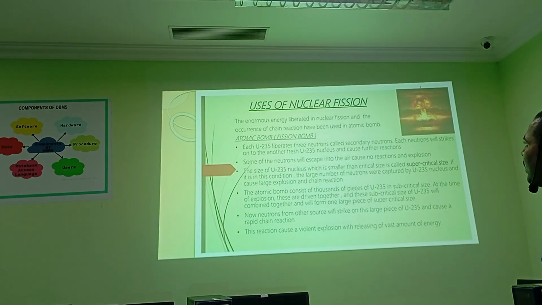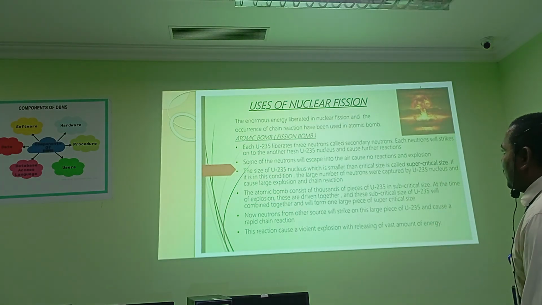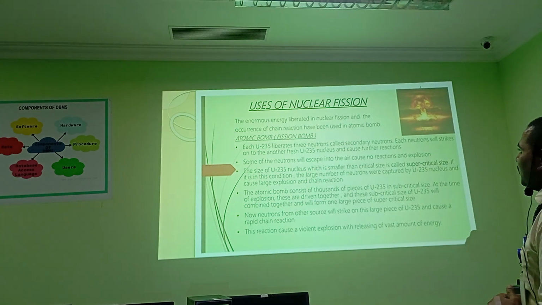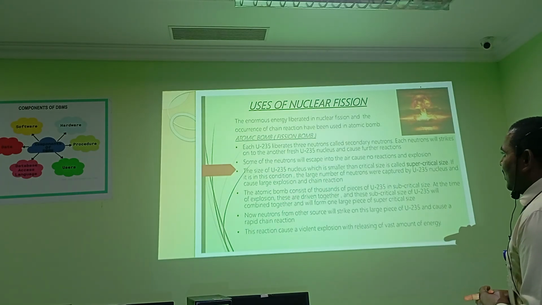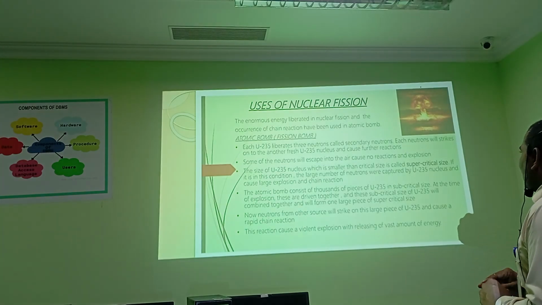The uses of nuclear fission include the atomic bomb, the fission bomb. Uranium-235 liberates secondary neutrons from the nucleus. These neutrons strike other fresh uranium-235 nuclei, causing further reactions, while some neutrons escape and cause no reaction.